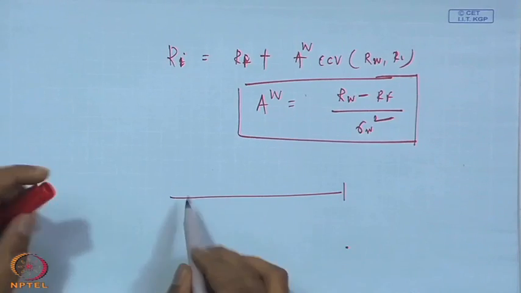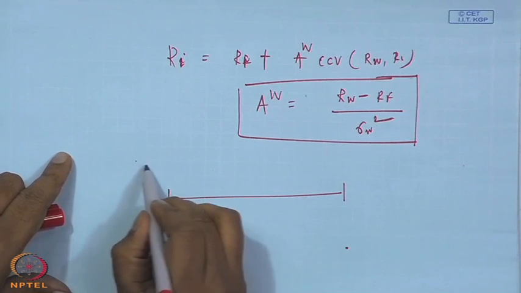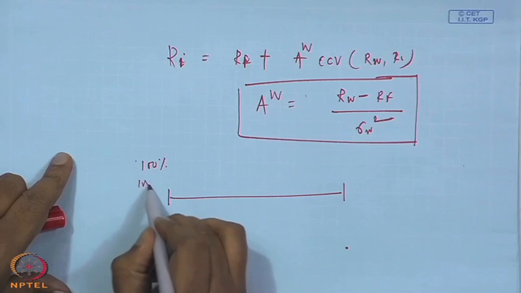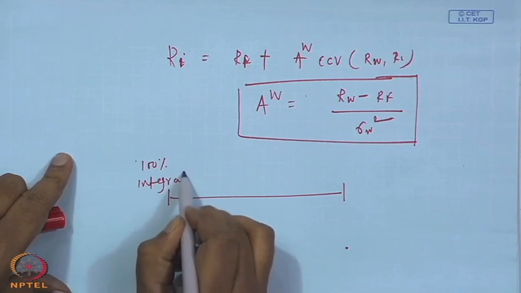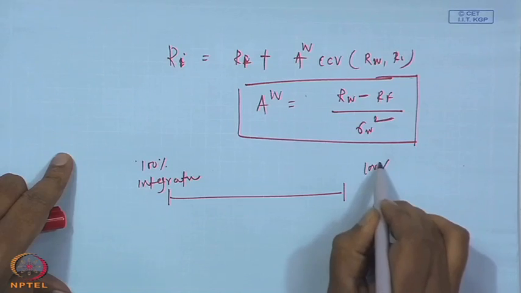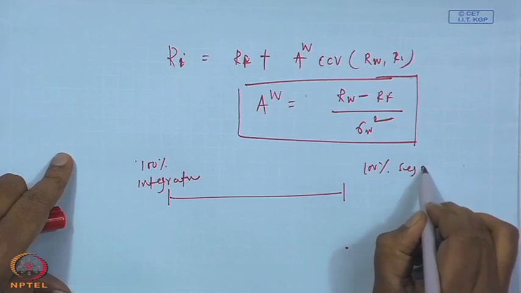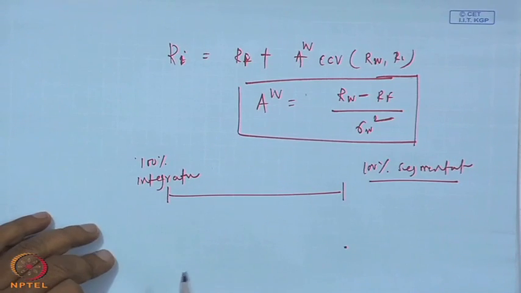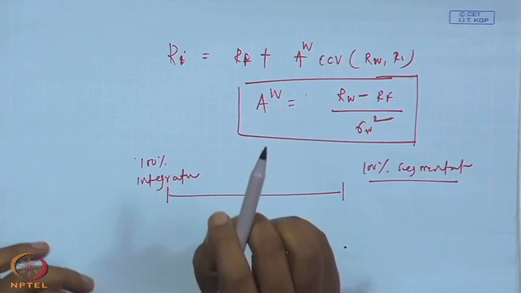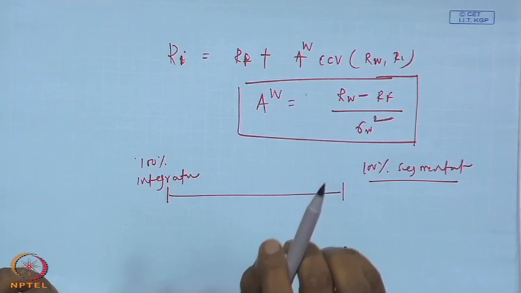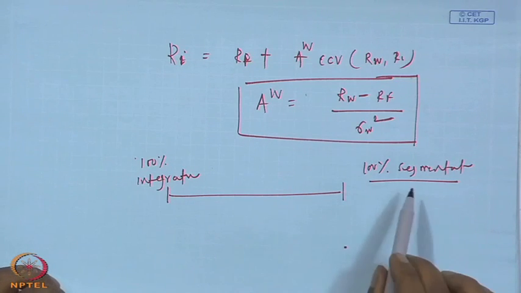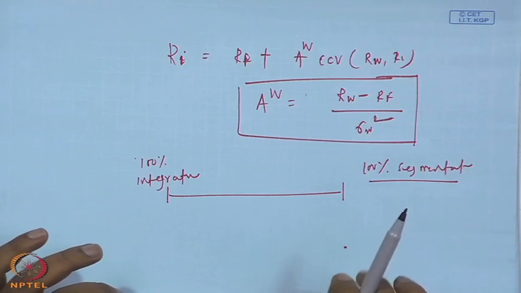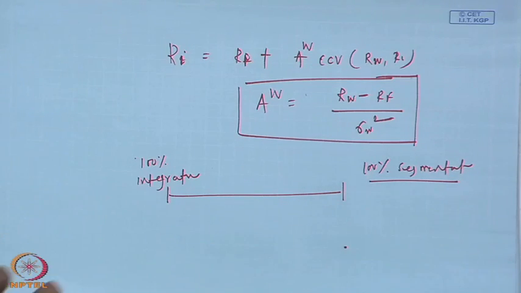We will never find this in the real world: entirely 100% integration and 100% segmentation. 100% integration means each asset is priced as per its world systematic risk, while 100% segmentation means each asset is priced as per domestic market risk, but this rarely happens.